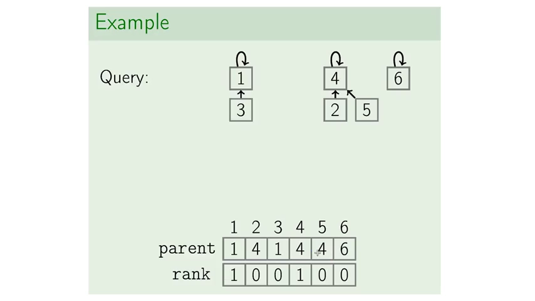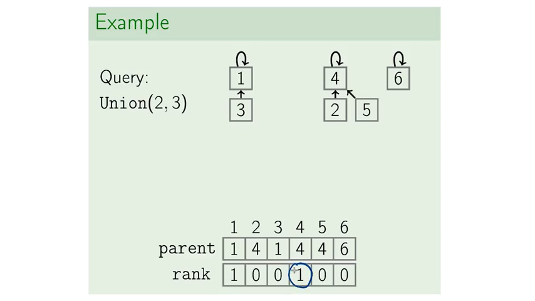This is done as follows. Now 1 has rank 1, and now the parent of 3 is equal to 1. Okay, now let's call union of 2 and 3, and again in this case 2 lies in a set in the tree whose root is 4, and currently the rank of 4 is equal to 1.